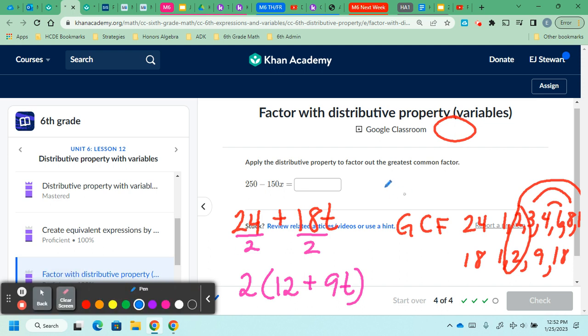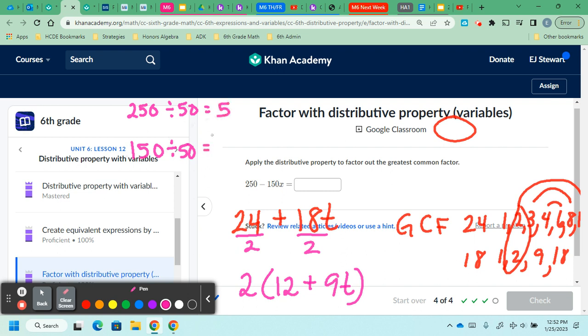Okay? When I get to this particular problem, 250 minus 150x, look for a common factor. I know that 5 could be a common factor, but I know I also have values higher than 5. So actually, if I divide 250 by 50, I have 5.